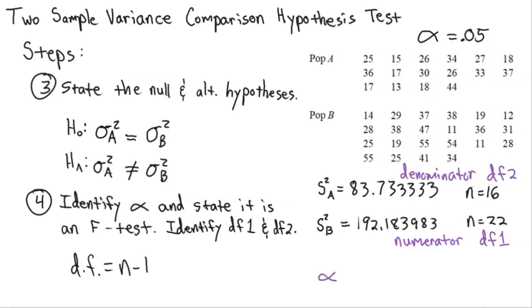All right, so our alpha is going to be 0.05. It's an F test. And then our DF1 is going to be, look, 22 minus 1. It's going to be 21. And our DF2 is going to be 16 minus 1, which is 15.